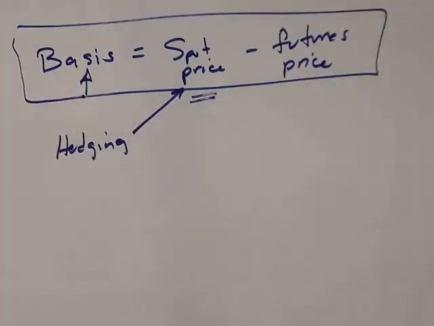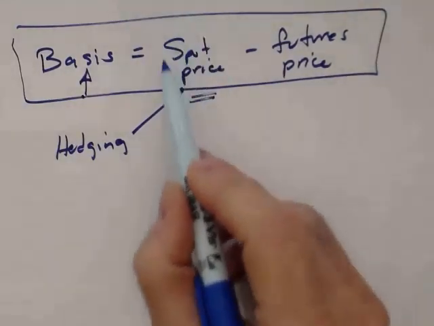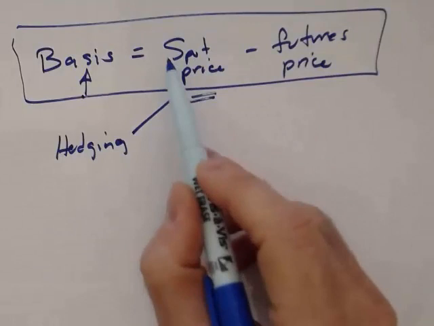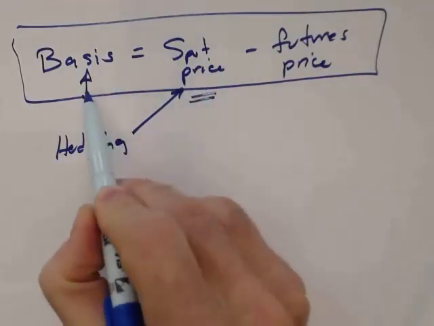So this concept of basis is important to understand hedging. If you're hedging an underlying position and you lift the position early, before the futures contract matures, you're reducing spot risk substantially, and you're taking on basis risk.